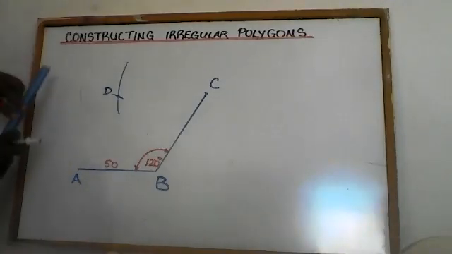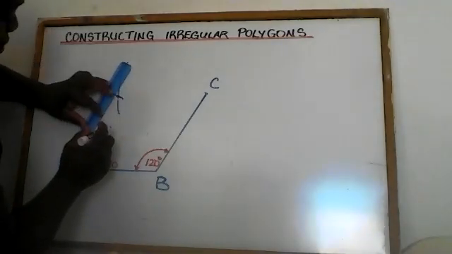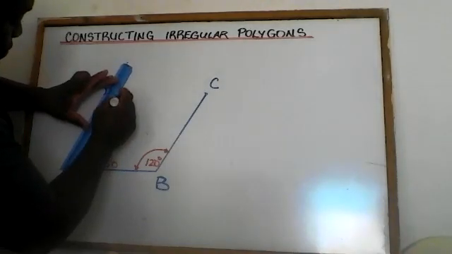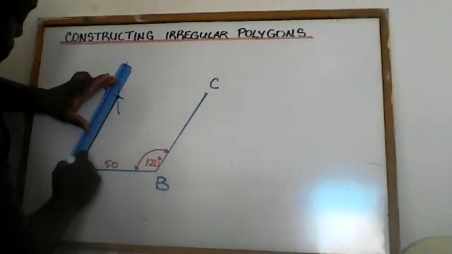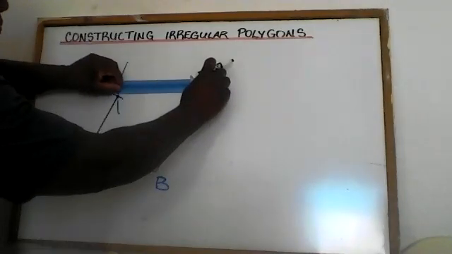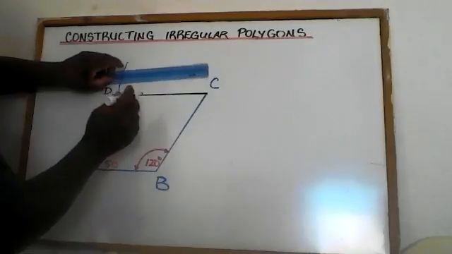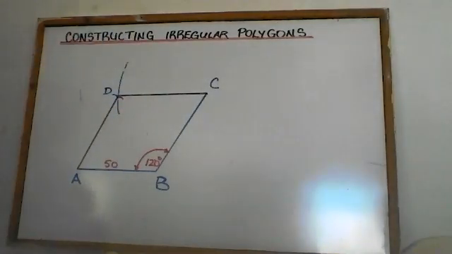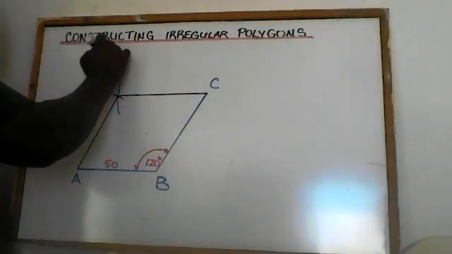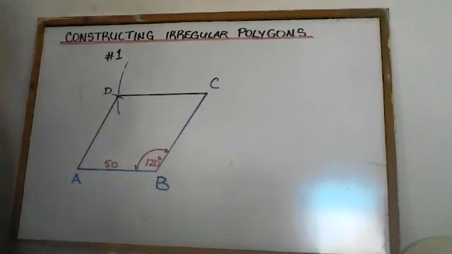Nice, straight, dark lines. And this is number 1, our first question.